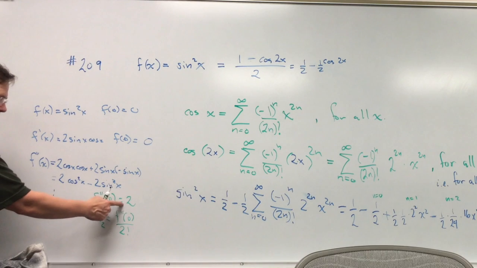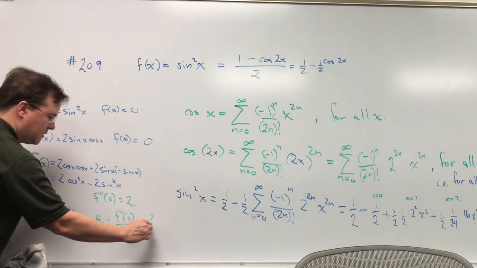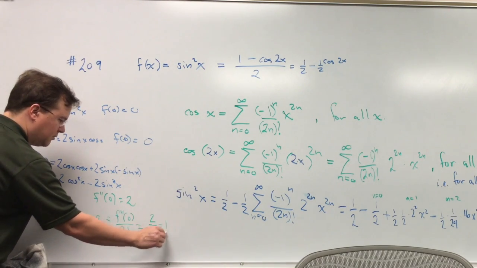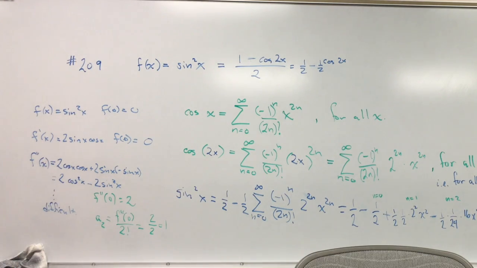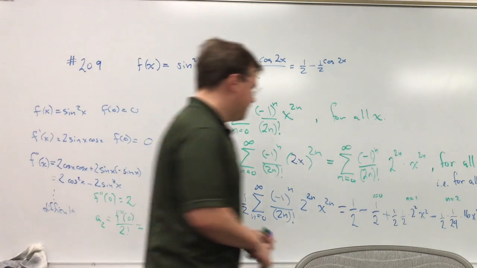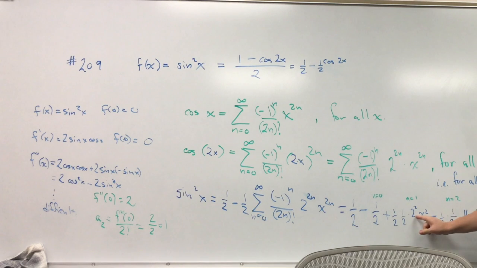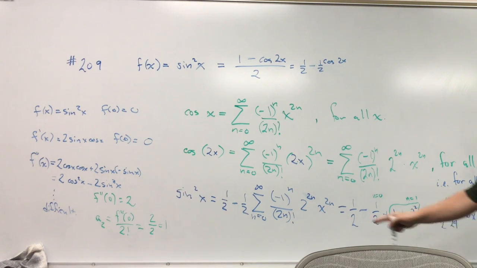I know that this is 2, that's going to be 2 over 2, that's just 1. Is that true? Oh yeah, look at that. See right here? 2 over 2 becomes just 1. If we had simplified this coefficient in front of the x squared, we would get 1.